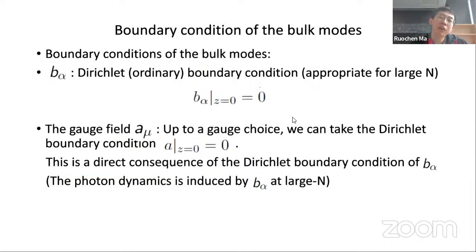I first set the boundary condition of the B field, and it leads to the boundary condition of the A field at large N. And they are compatible, right? Right, they are compatible. And the second one is due to dynamics to be consistent. Is that right? Which one is due to dynamics? This one is due to dynamics. And actually, this one is due to the dynamics of the Wilson-Fisher boson at large N.